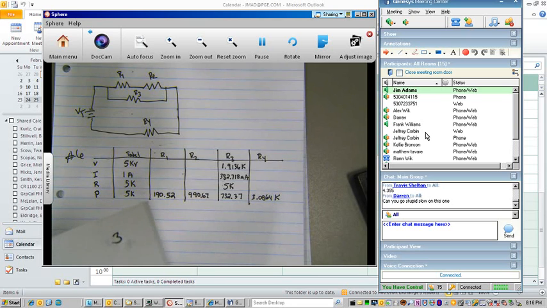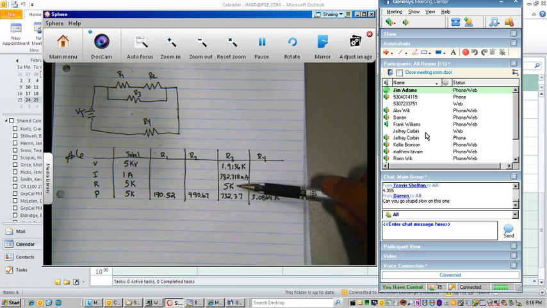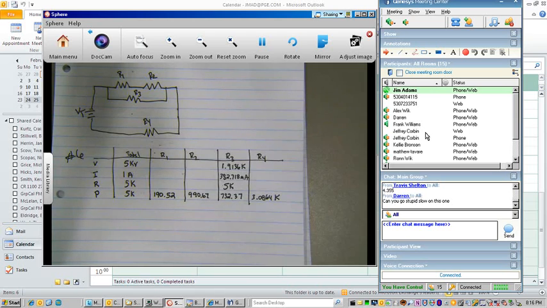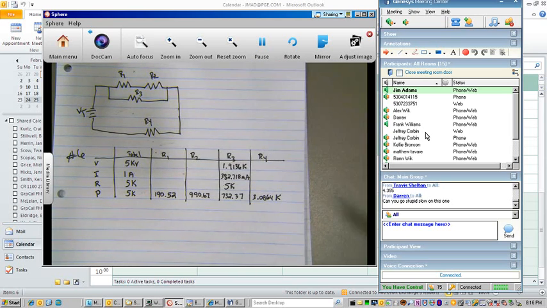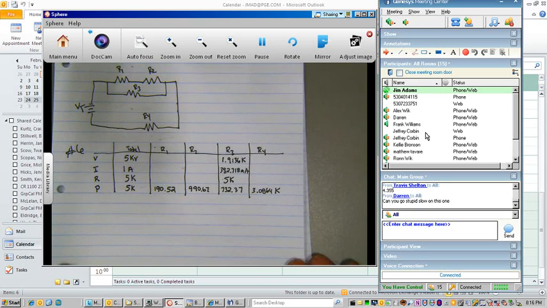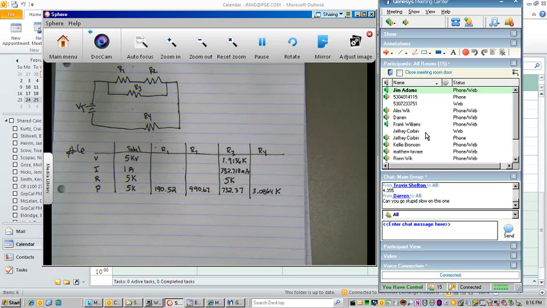Can that be right? No, that can't be right. Let me look at my numbers. I must have miscalculated on this problem, because when I divide those, I come up with 5.